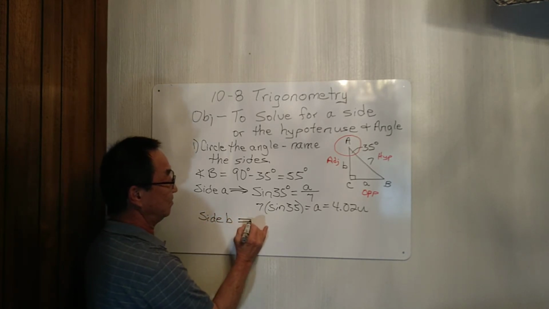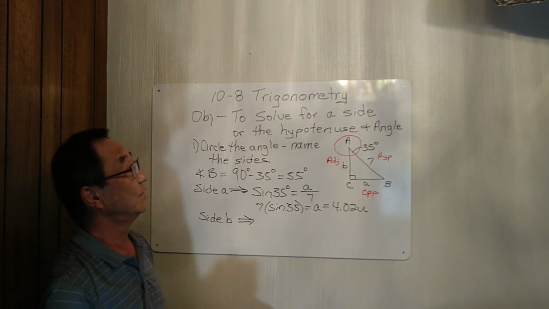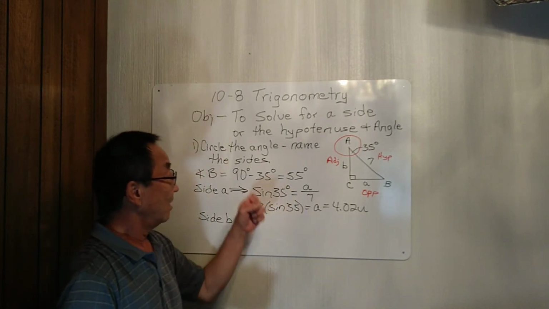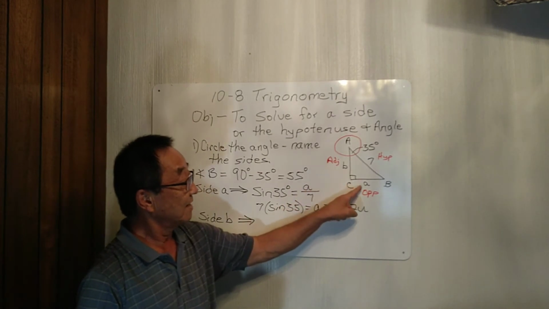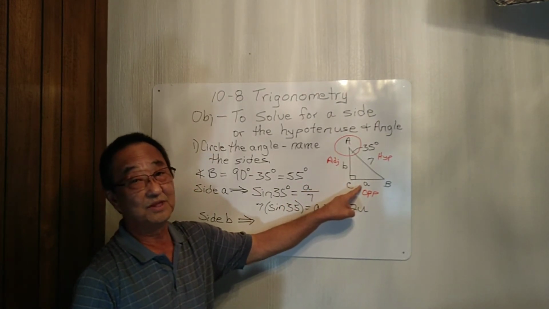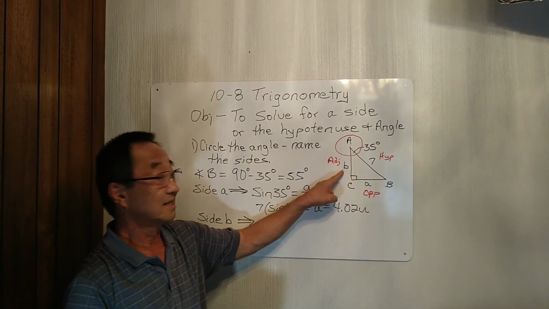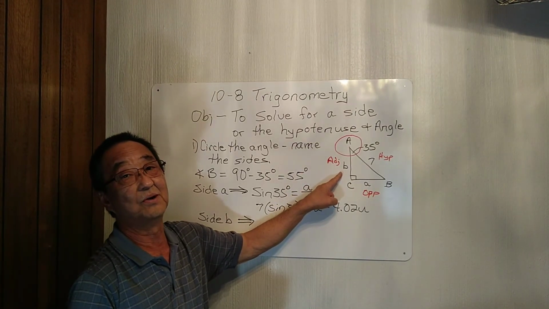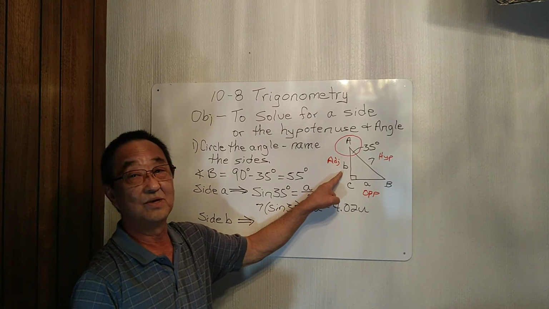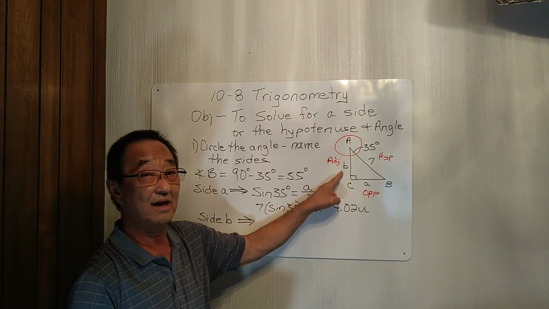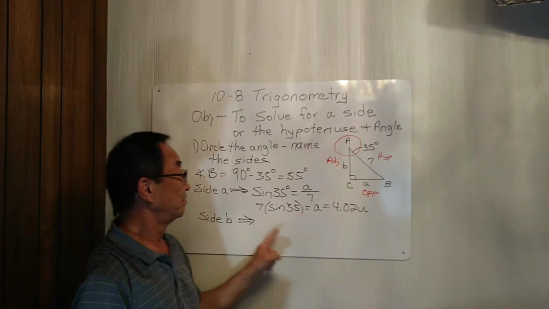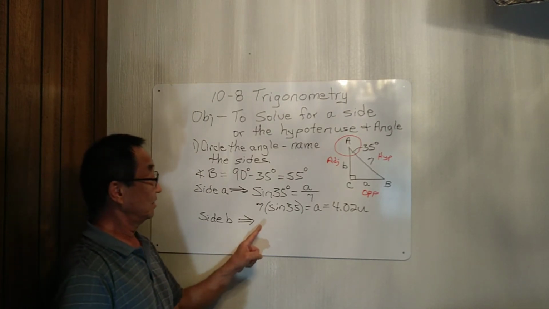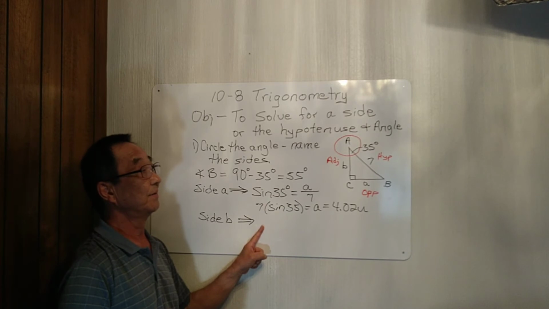Side B, again, you're going to use whatever is associated with it. Now, because you have this side, you could use Pythagorean's theorem to get this one right here. I highly suggest you don't, because you're not using what's given to you, but you can if you want to. But this whole lesson is on trigonometry, right? So I'm going to do it using the trig.